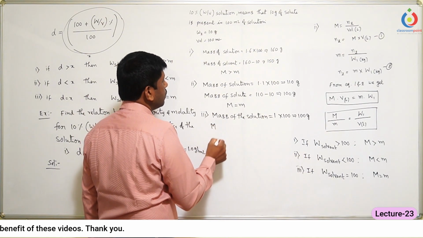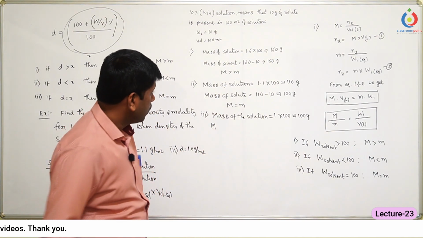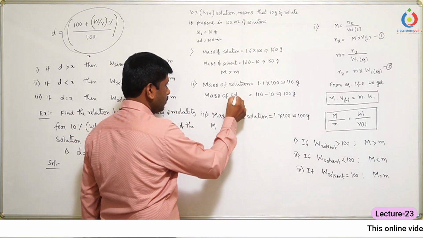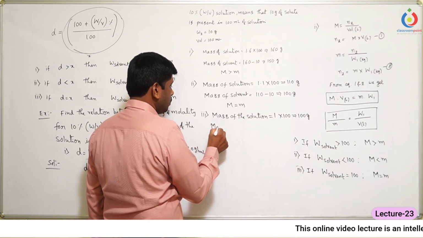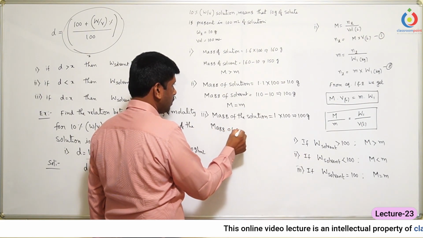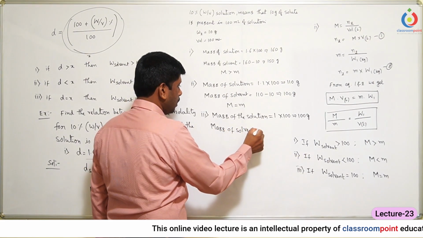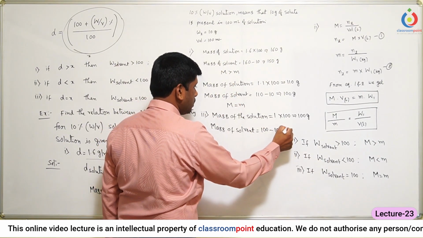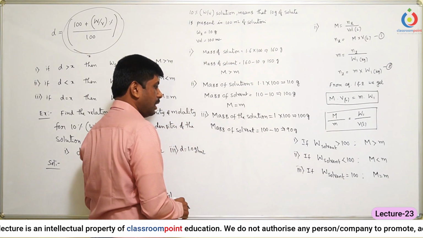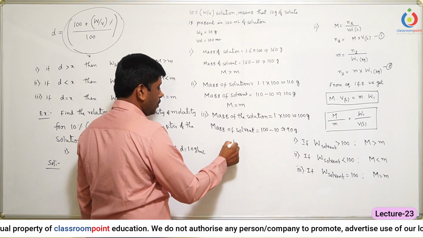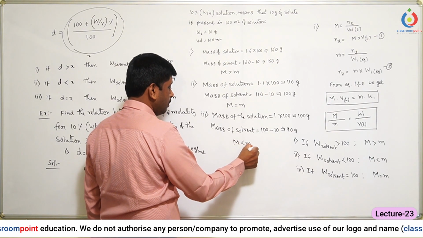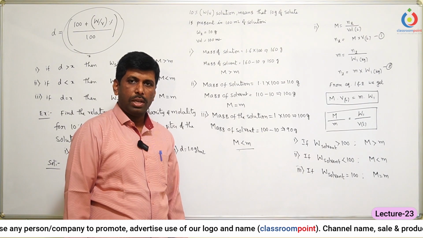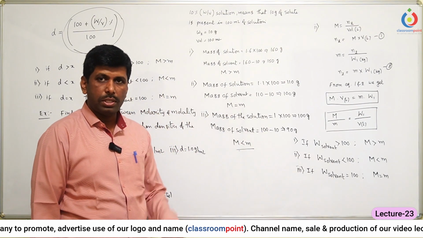Then mass of solvent is equal to 100 minus mass of the solute. That means we got 90 grams, which is less than the 100 value, so molarity is less than the molality. Like this, we can relate the molarity and molality when percentages are given in the questions.